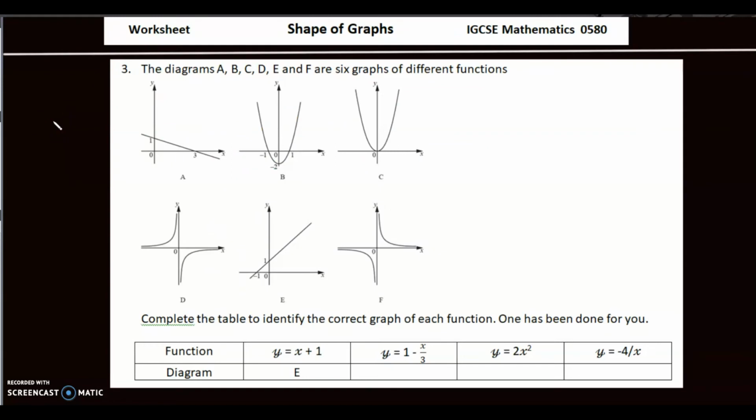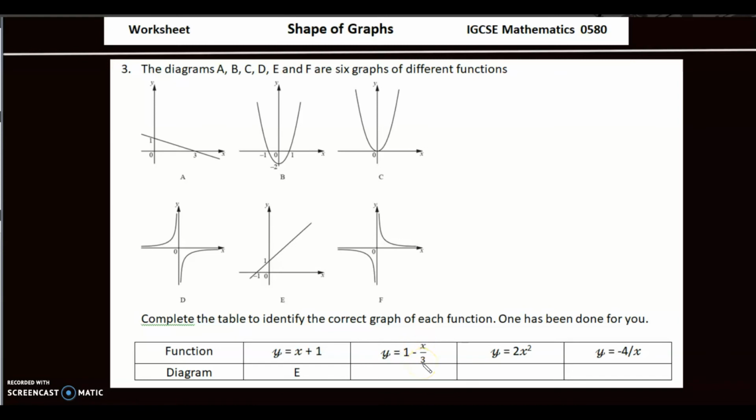Question 3. The diagram shows A, B, C, D, E, and F, 6 graphs of different functions. Complete the table to identify the correct graph of each function. 1 has been done for you. Okay, so we have to start with this. y equals 1 minus x upon 3. This is a linear equation where c is 1 and m, the slope, is minus 1 upon 3.